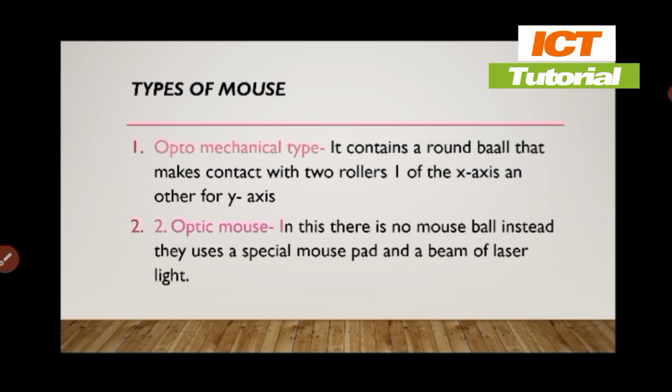The information you see is already processed, so you can use the output devices. So next tutorial we are going to look at the processing devices, beginning with the central processing unit, that is the system unit.